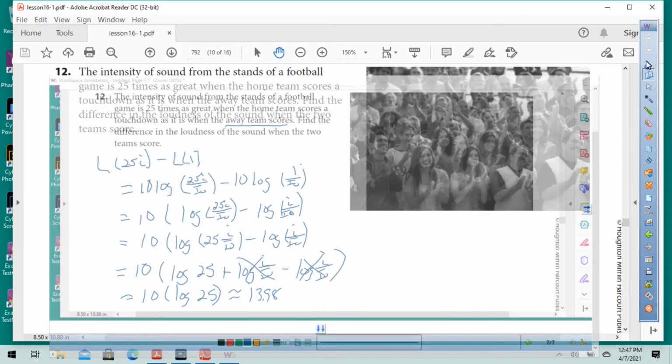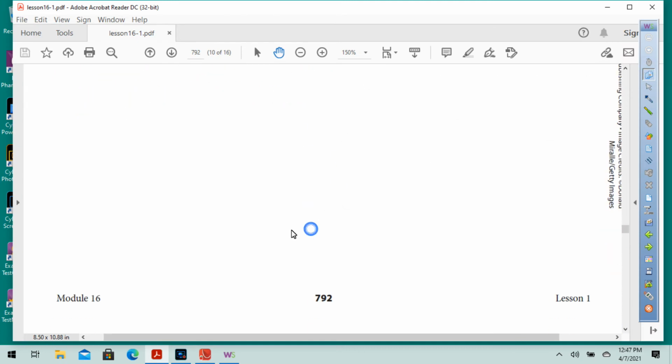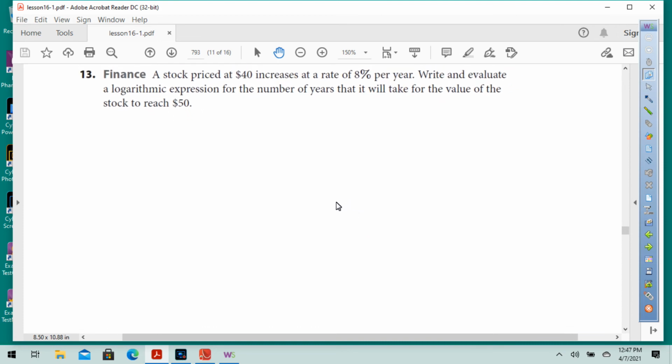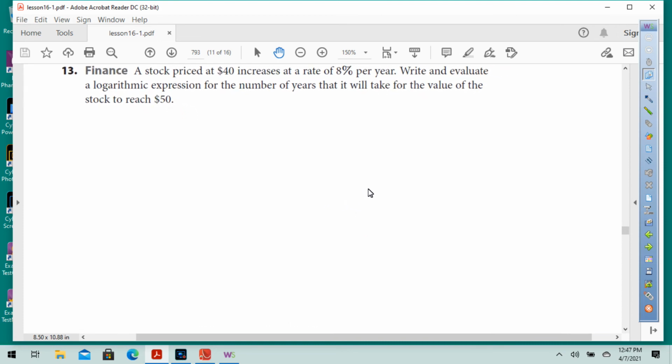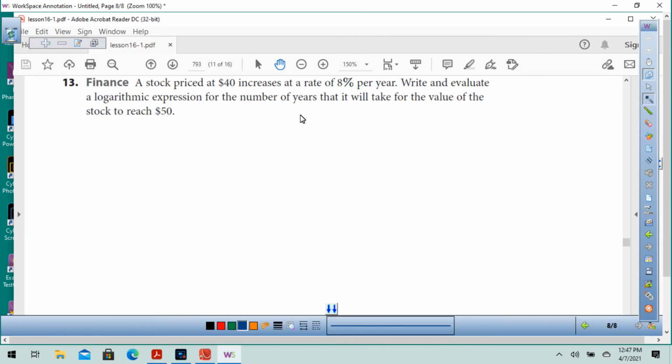Yeah, let's try number 13. A stock priced at $40 increases at a rate of 8% per year. Write and evaluate a logarithmic expression for the number of years that it will take for the value of the stock to reach $50. Okay, we usually use P equals the initial principal of 1 plus R to the T power.